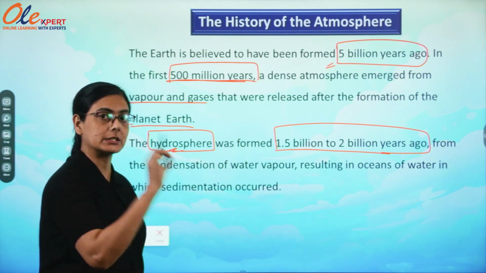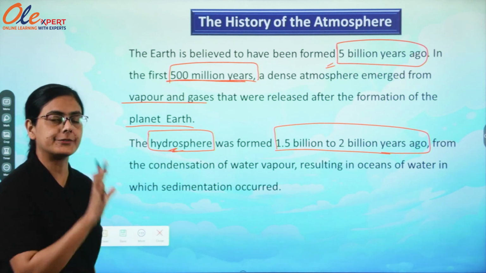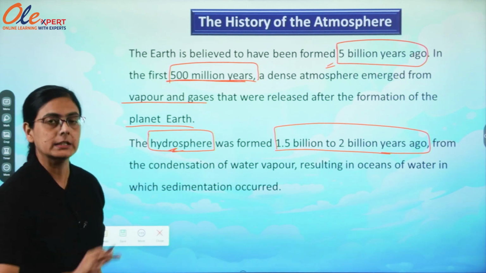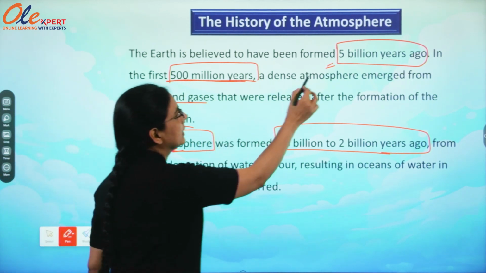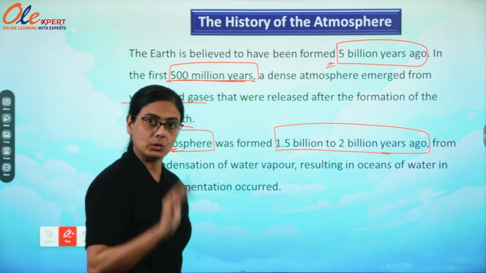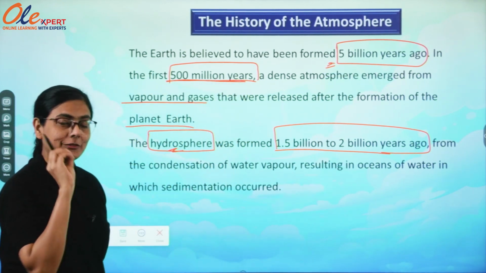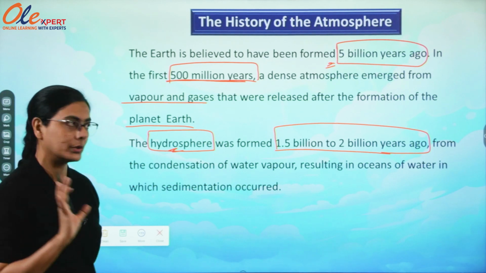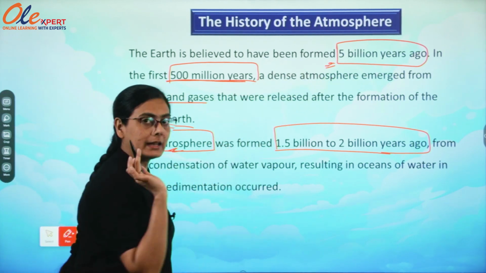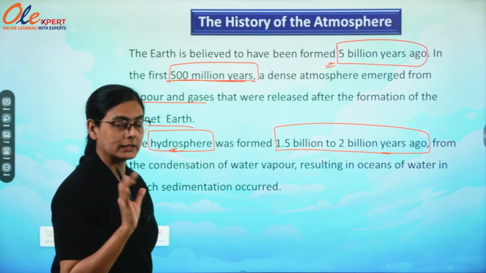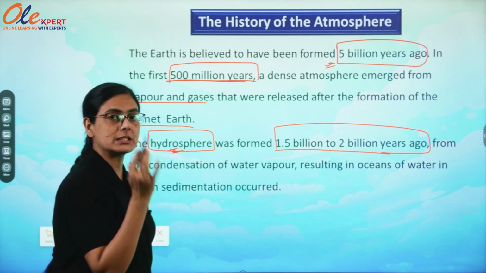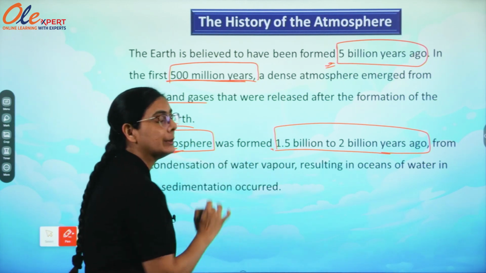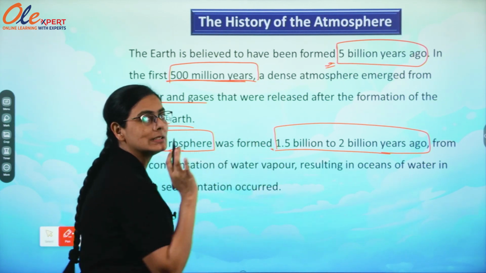This is the first sphere of life on the surface of Earth. The Earth was formed 5 billion years ago. Just remember these things, they are very important for MCQs also. But the evolution of the hydrosphere was 1.5 to 2 billion years ago.